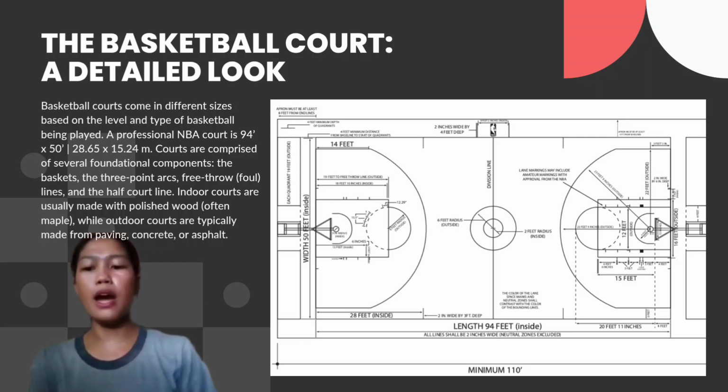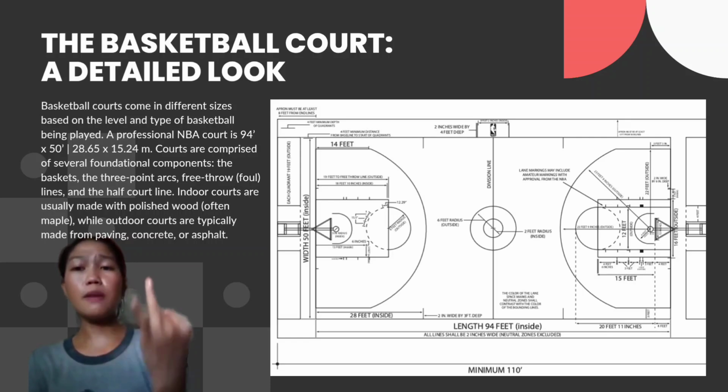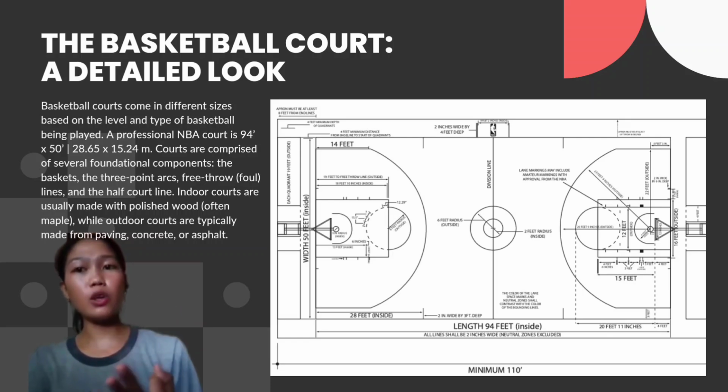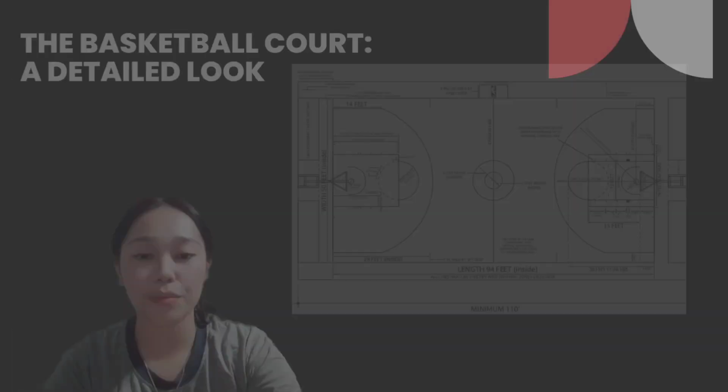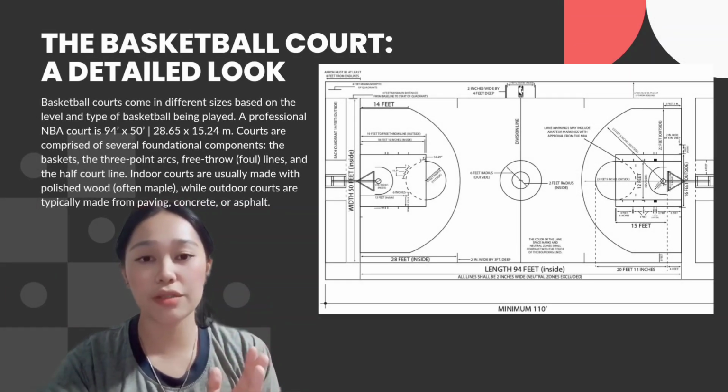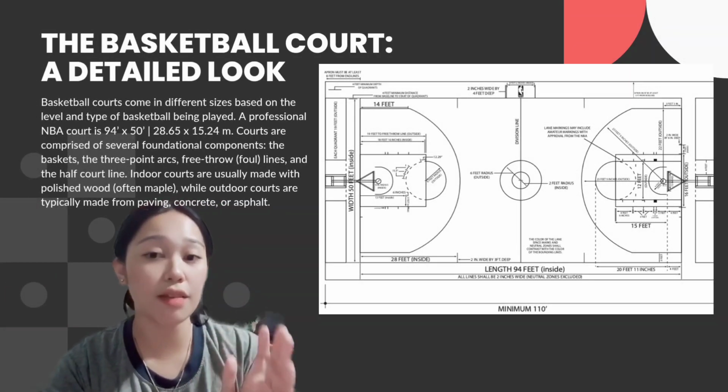The courts are comprised of several fundamental components: the baskets, the three-point arc, the free throw line, and the half-court line. Indoor courts are usually made with polished wood, often maple, while the outdoor courts are typically made from paving, concrete, and asphalt.